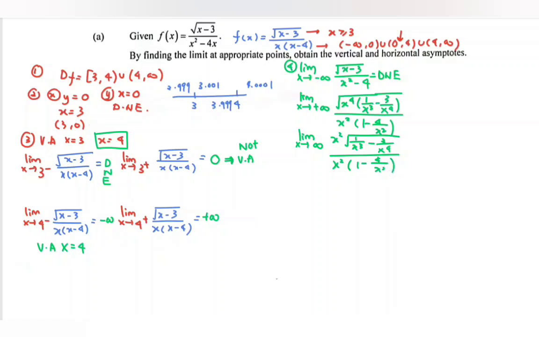If we simplify, we obtain 0 over here, 0 over here, 0 over here. So at the end, we have the value 0. It means that the horizontal asymptote is y equals 0.